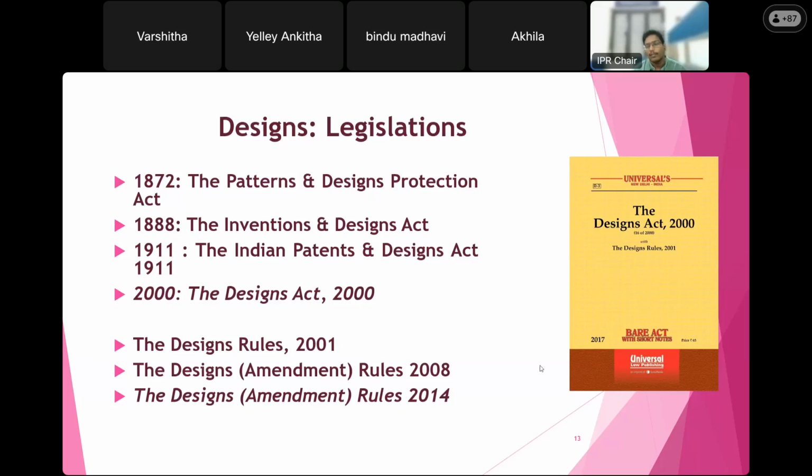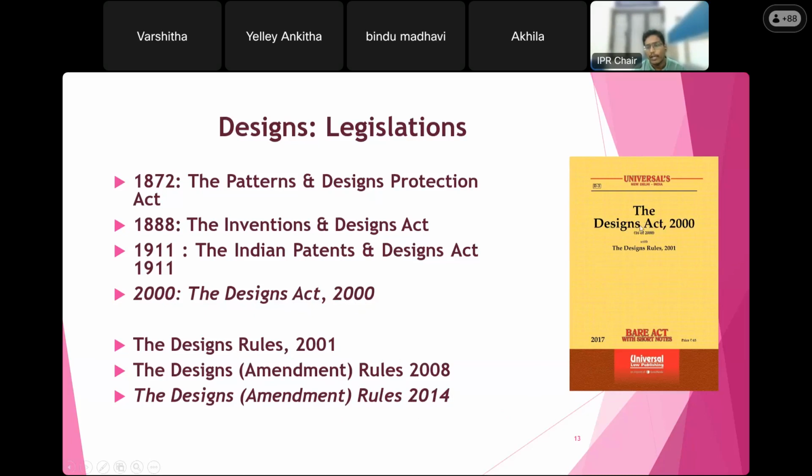The corresponding rules are the Design Rules 2001, which got amended in 2008 and 2014. So now we are following the 2014 rules, and the act is the Design Act 2000.